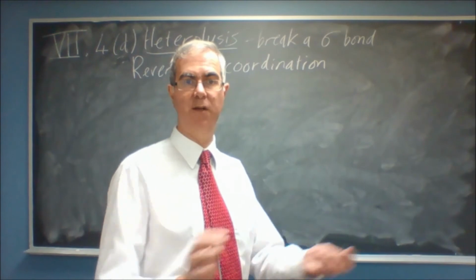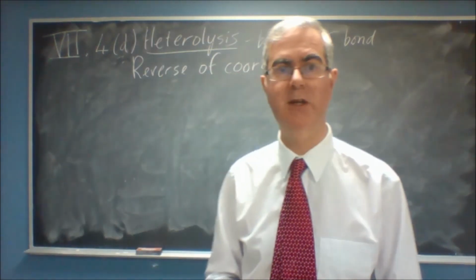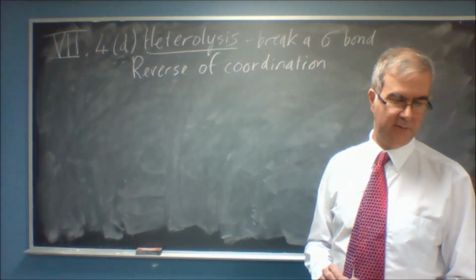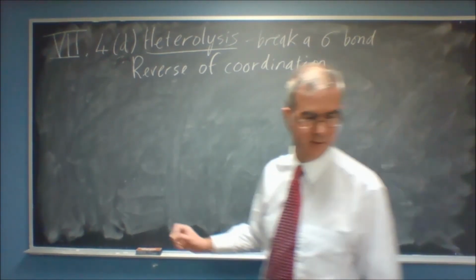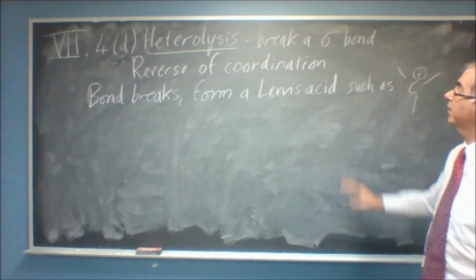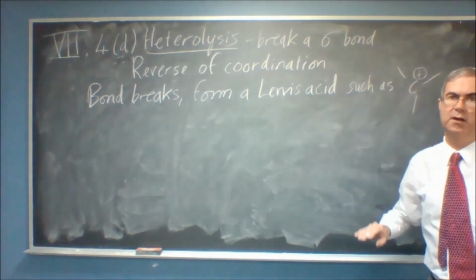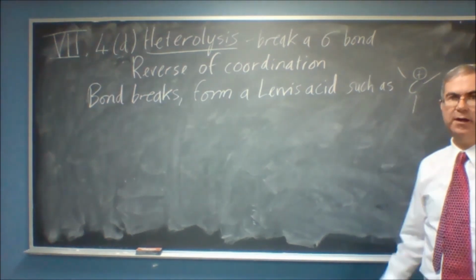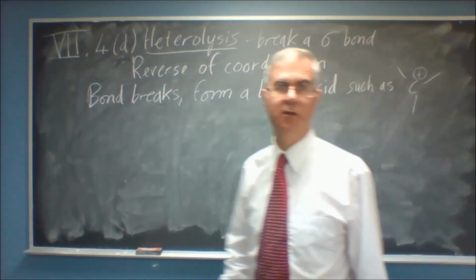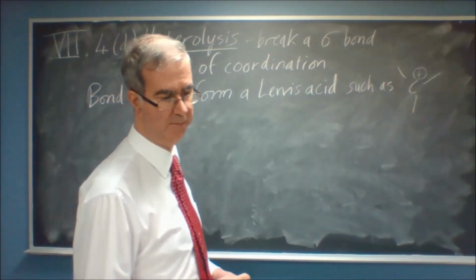But it's usually not the last step, because you'll normally form something unstable like a carbocation. Just like the coordination step usually reacted a carbocation, the heterolysis step will form a carbocation or a similar kind of electron deficient species that we said.